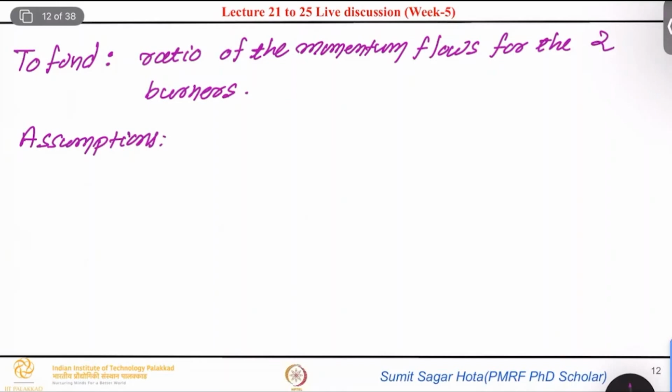Now, what are the assumptions? Constant properties. Burners have the same diameter ports.